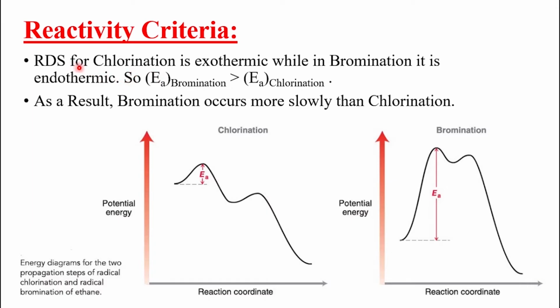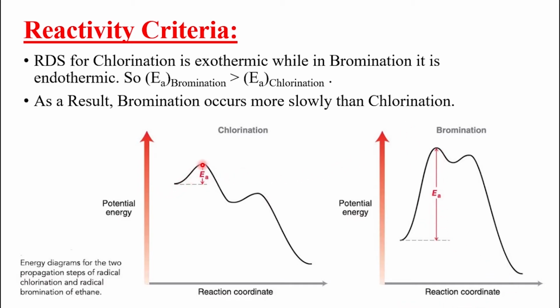So rate determining step we are calculating here directly by activation energy. So activation energy of bromination is greater than activation energy of chlorination. So here you can see that activation energy for chlorination is lower in the potential energy versus reaction coordinate diagram, while in the bromination process the activation energy is very high.